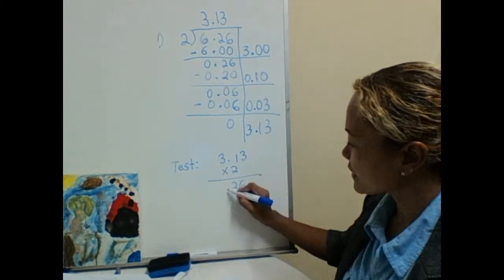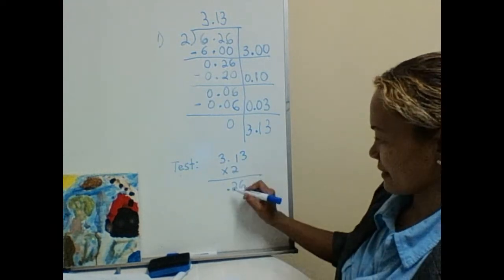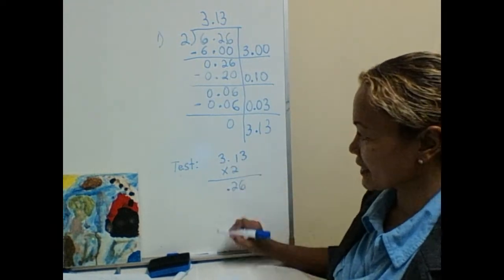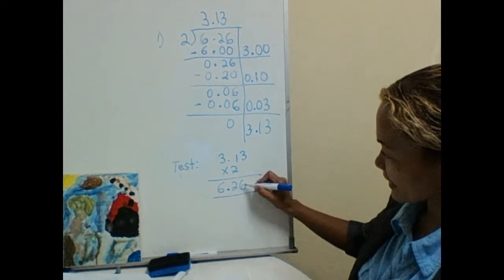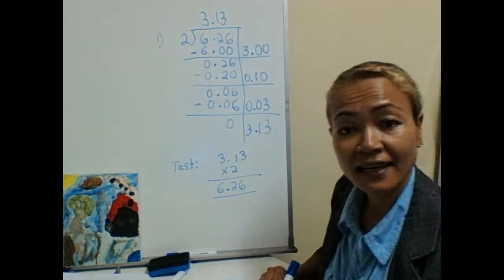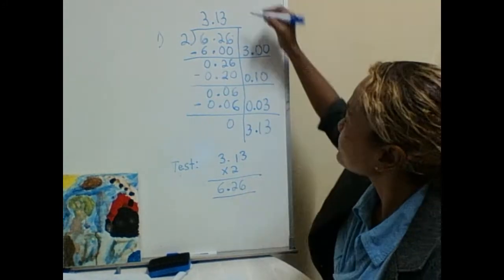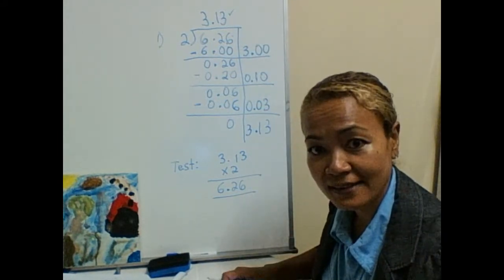Before we do that, put in the decimal point because you're crossing from that side to that side. Decimal point, 2 times 3, 6. 6.26. Let's check. Is it the same as this 6.26? Exactly the same number. So that one is the correct answer then.